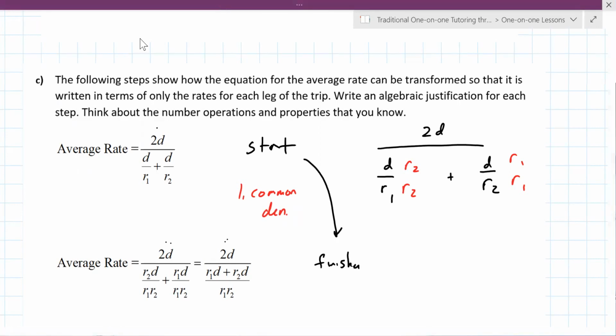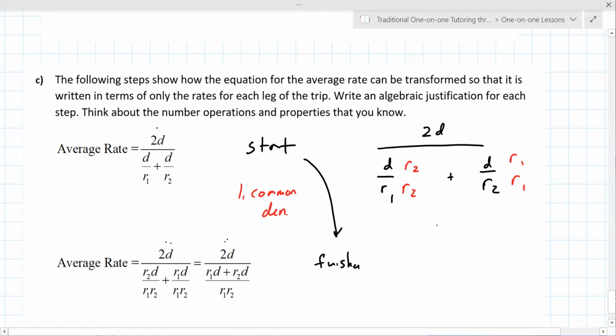Another thing they're doing here is combining the like terms on the bottom. So let me just rewrite this. This top here, D over R2 becomes R2D over R1R2 plus R1D over R1R2. And see how the numerators are combined here?